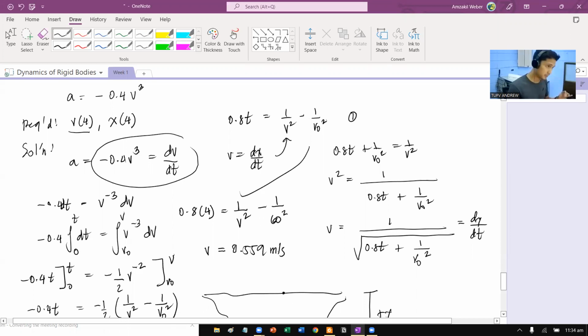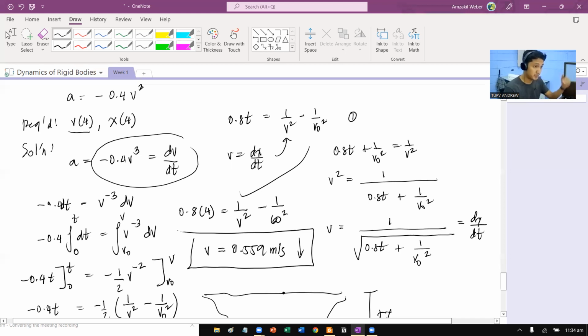Remember, this is velocity. So if you answer only 0.559 meters per second, you would only get half points because that is speed. You must add the direction. In this case, you can use an arrow, or use i, j, k, but in this case, just downward. So this is v4, the velocity.